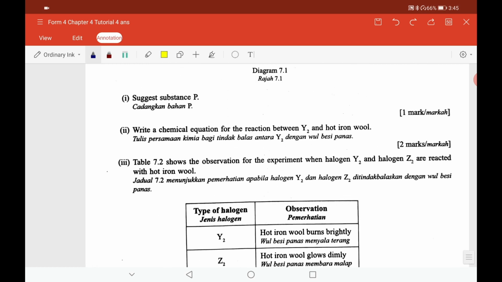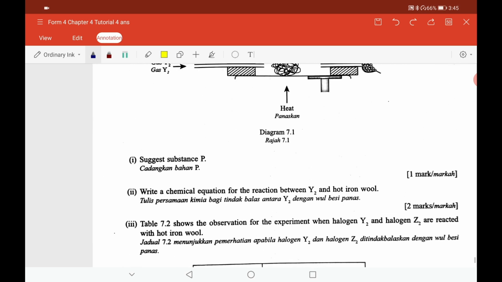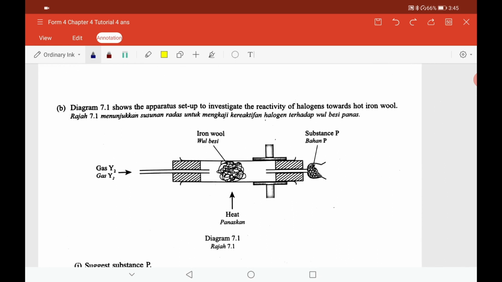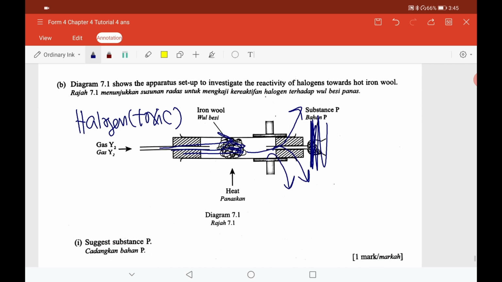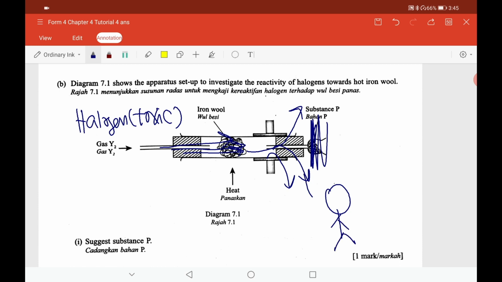Material P should be soda lime. Remember, when we put halogen into the combustion tube, halogen is toxic. If you don't have this part, all the halogen gas goes out, and it is toxic. If anyone inhales the halogen, their health will be affected.